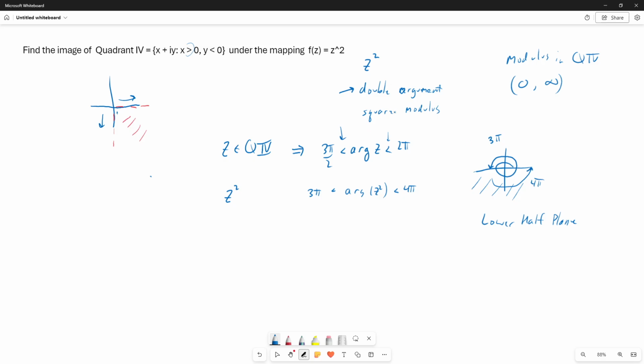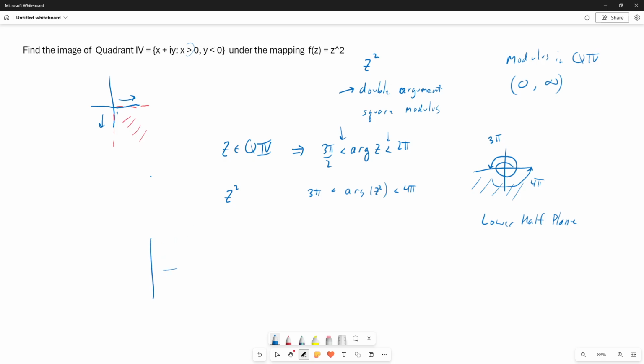So combining the two pieces of information, the point is in the lower half plane, and the modulus can be anywhere from 0 to infinity, tells us that the image is going to be all of the lower half plane.